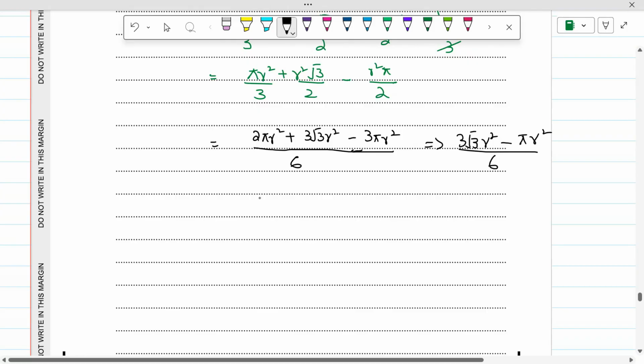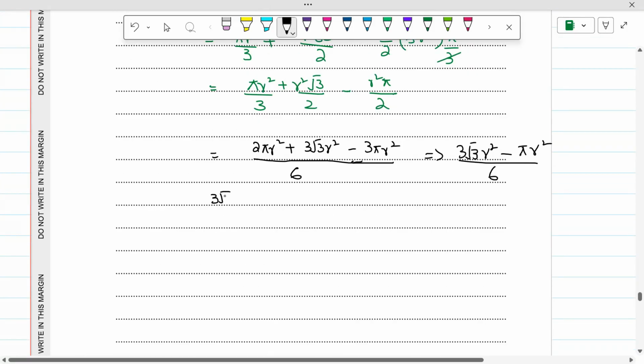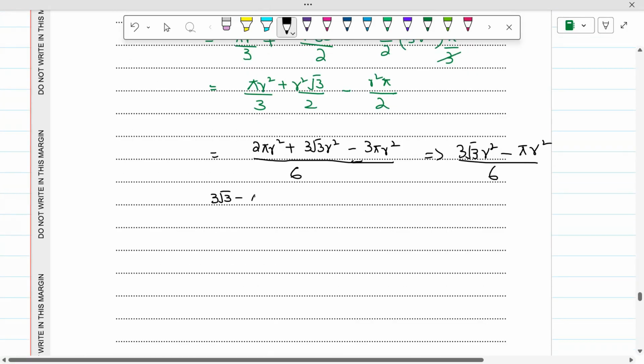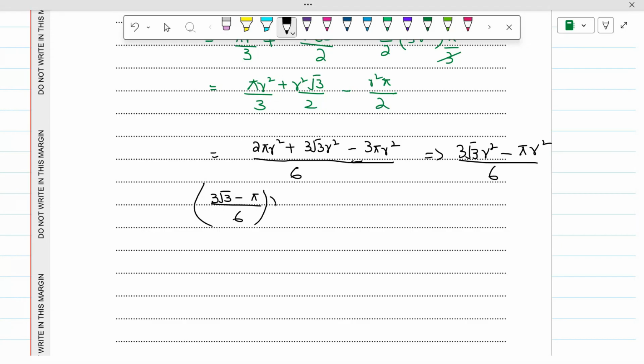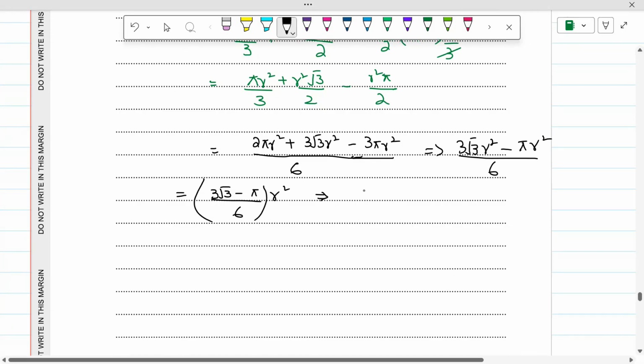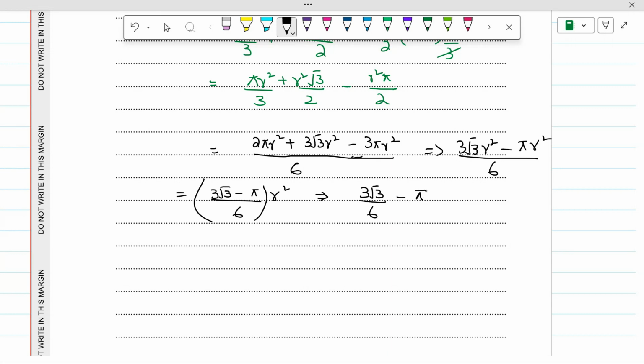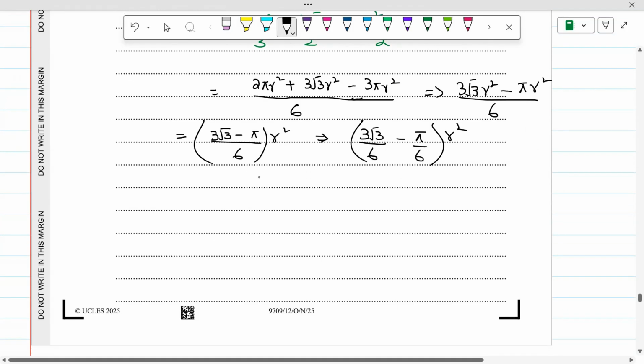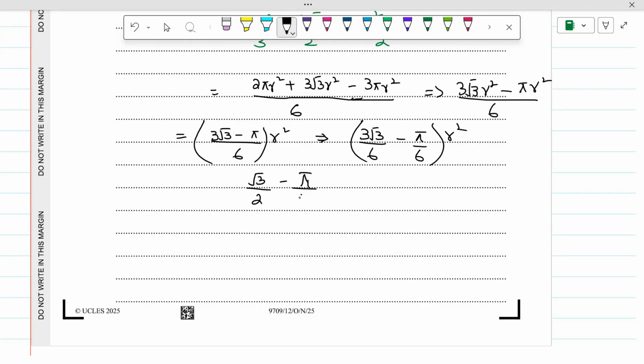So we can write it as 3 under root 3 minus pi over 6 times r square. Further solving, we will have 3 under root 3 over 6 minus pi by 6 times r square, or you can say that under root 3 over 2 minus pi over 6 times r square.